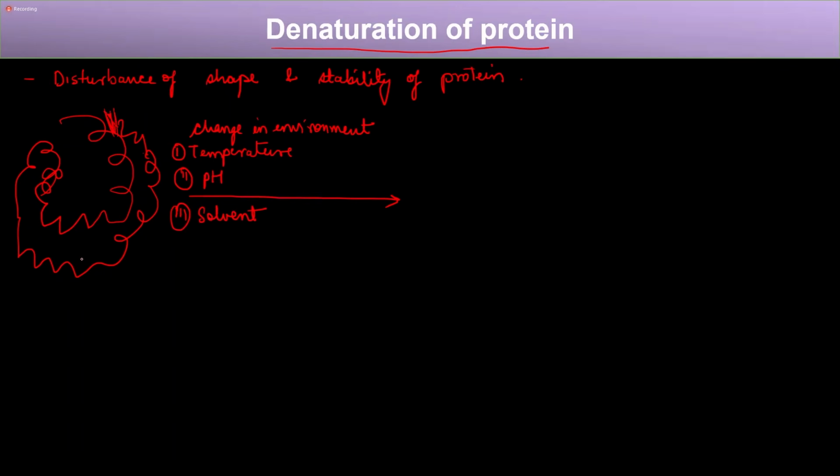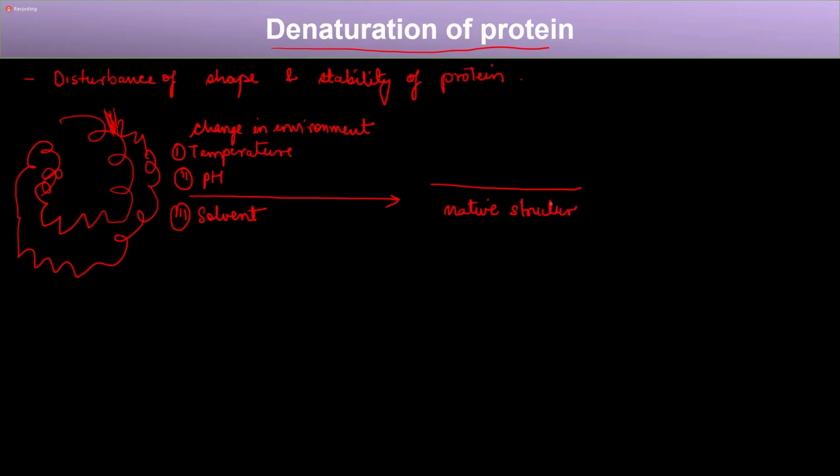So in some cases what happens is this protein comes to its native structure. It forms a structure something like this, a linear structure, and you can say this forms its native structure.